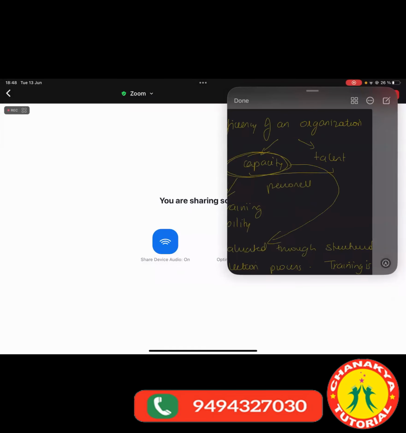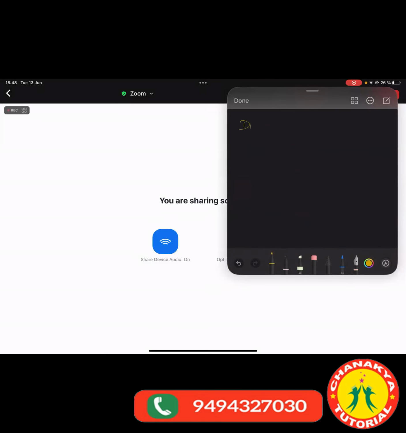One minute. For example, you're drawing a part of a plant, and you're writing this as leaf. You're supposed to write leaf.